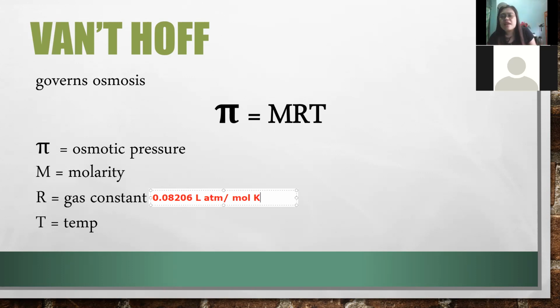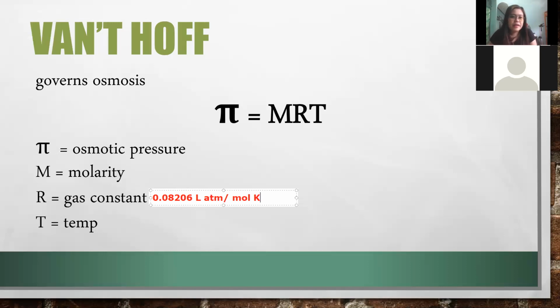ATM is the unit for pressure or atmospheric pressure, over mole. So we have mole here, and then K, class, is Kelvin. So the temperature should be in Kelvin before you can compute for the osmotic pressure of our solution.